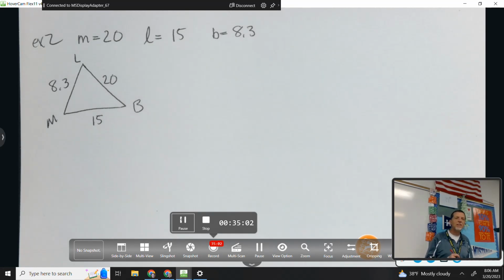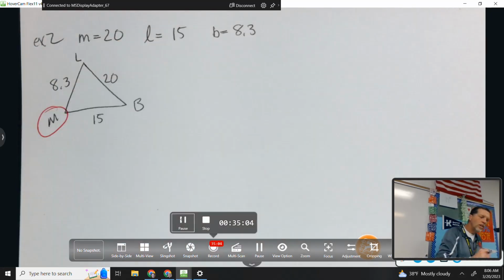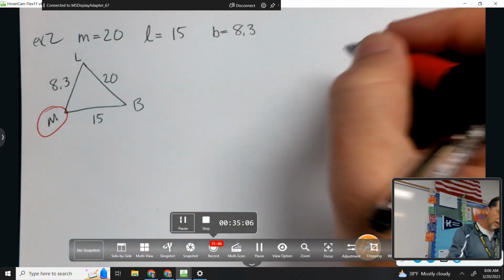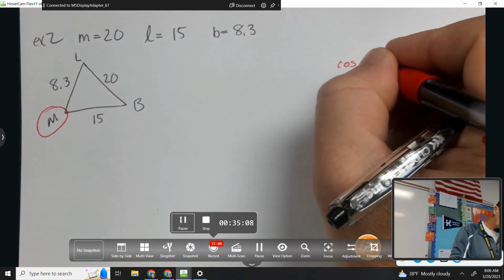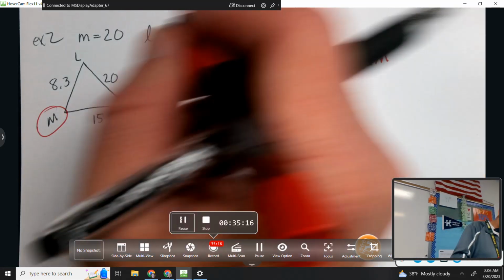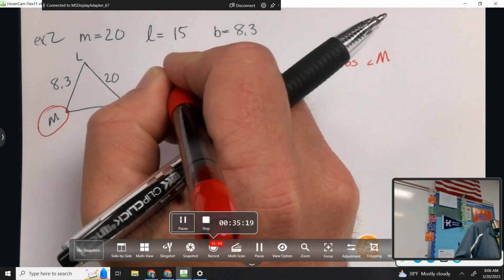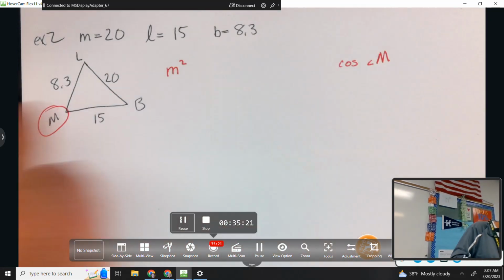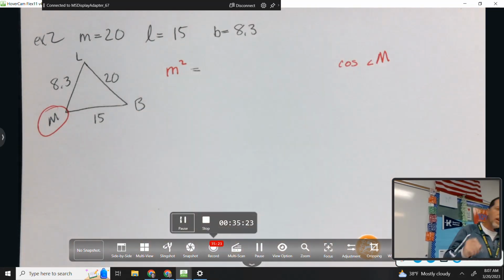M it is. So if I want to find angle M, that means I need to use the formula that has angle M in it, which means that's the one that has M squared on the other side. So I'd really like you to get away from memorizing all three formulas.